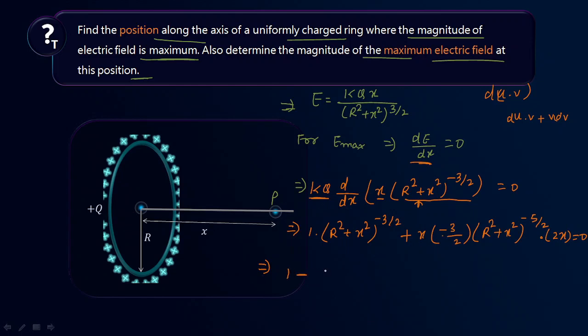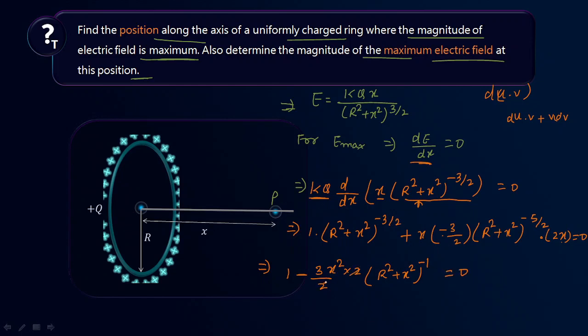So 1 minus 3 by 2 x. So it will become how much? 3 by 2 x square, and 2 is also there. So into 2, right? Into r square plus x square to the power minus 3 by 2 we have taken out, so minus 1. This is equal to how much? 0.